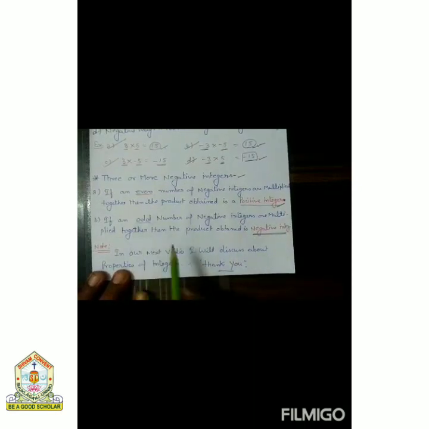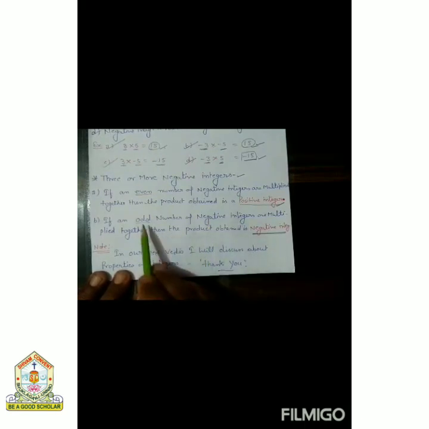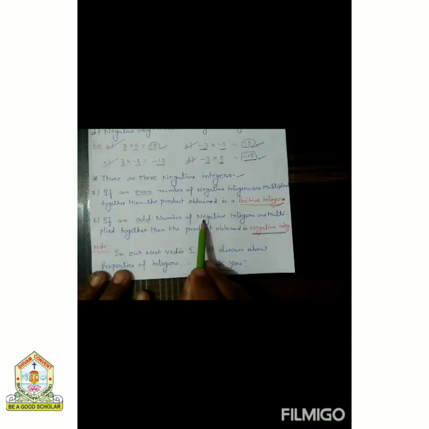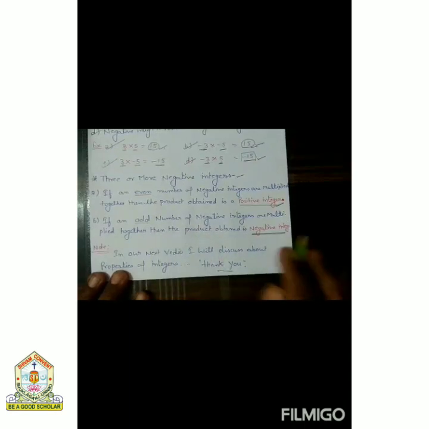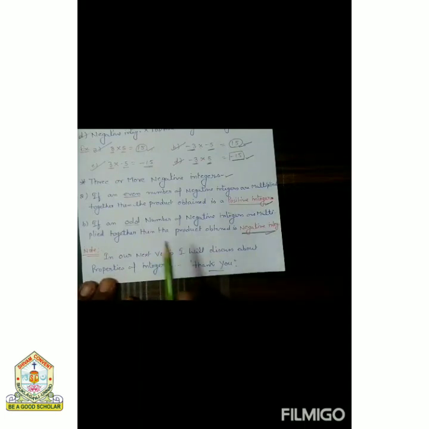Means when we want to find the product of more than two negative integers and they are given in odd number, as 3 integers, 5 integers, 7 integers, 9 integers, their product will be a negative integer. Okay, so these are the properties of the product of integers.